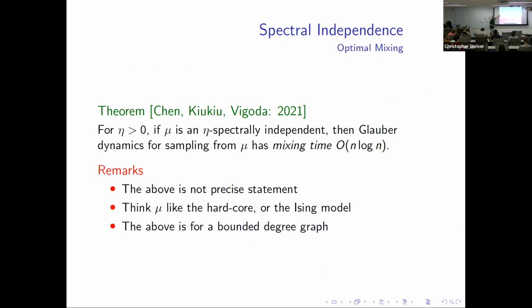Of course this result is not precise enough as stated, but it applies almost directly for the hardcore model and the Ising model, and also for bounded degree graphs.